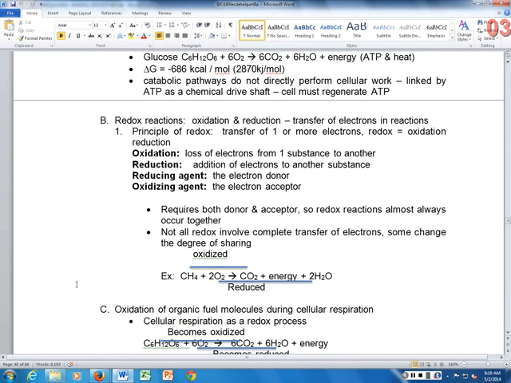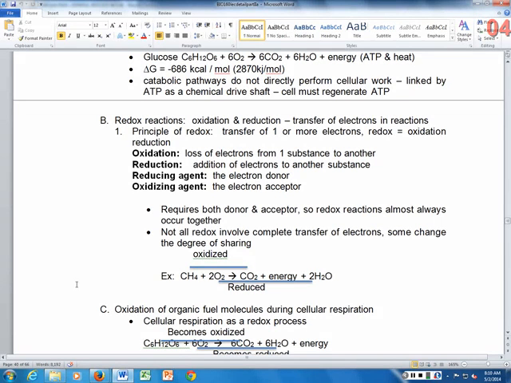So the oxidation part is the loss of electrons from one substance to another, and the reducing part is the addition of electrons from one substance to another. The reducing agent is the electron donor. The oxidizing agent is the electron acceptor. So when something is reduced, it has gained electrons.